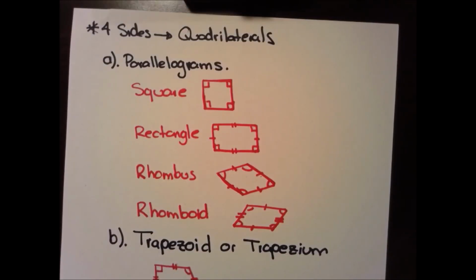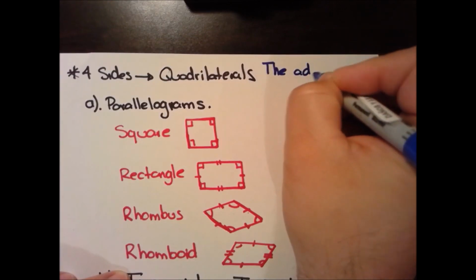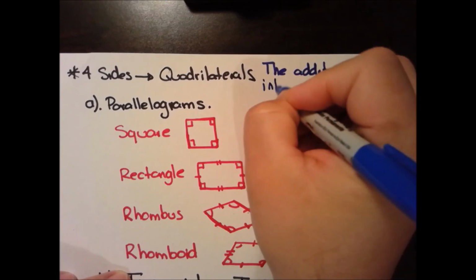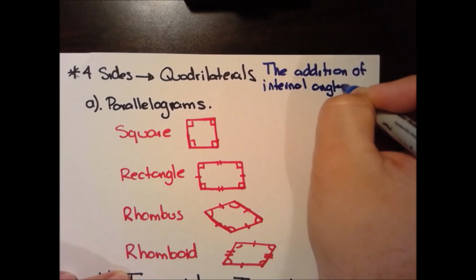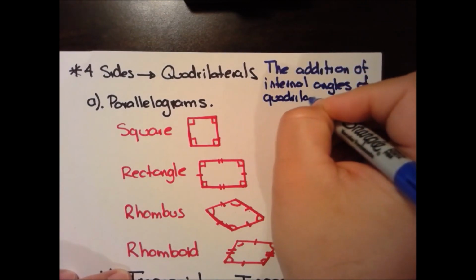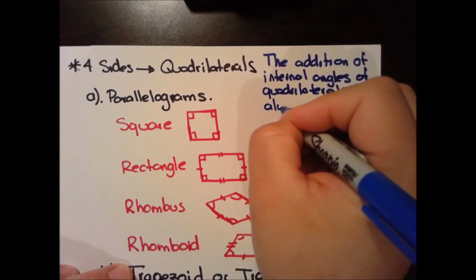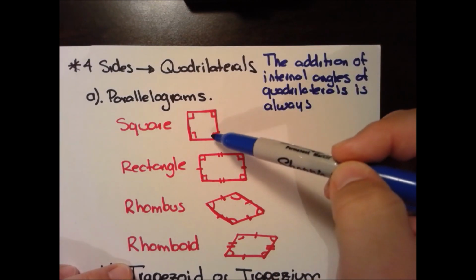Okay, another thing that is very important that you need to know is that the addition of internal angles of quadrilaterals is always, as you can see here, we have the answer: 90, 90, 90, 90.